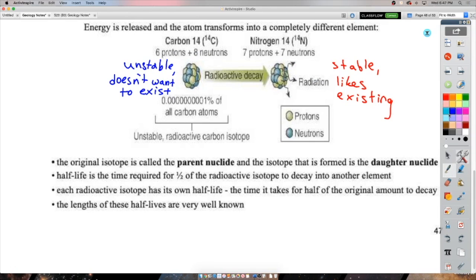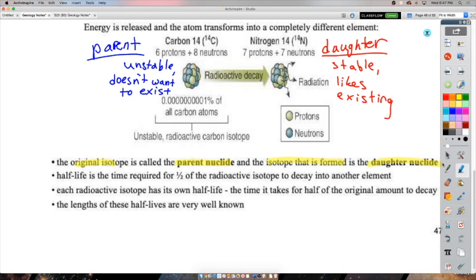This one is called the parent, okay, the parent nuclide. This one is called the daughter. So it kind of makes sense, right? Because the daughter came from the parent, right? So the parent created the daughter by going through radioactive decay. So again, the original one is called the parent nuclide, and the isotope that is formed is called the daughter nuclide.